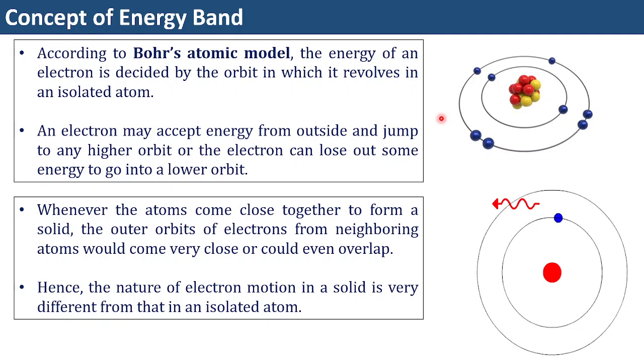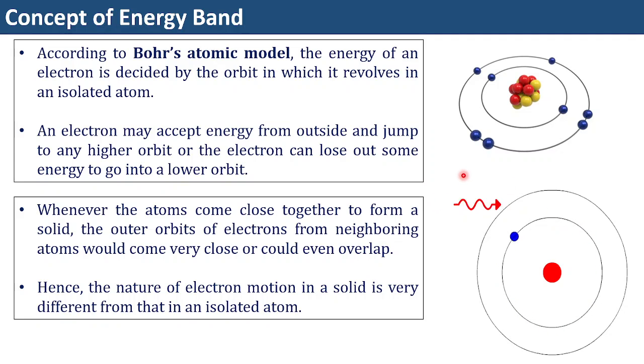And how exactly can an electron gain energy? For example, an electron was initially revolving here, then suddenly from somewhere it gets energy, and once it gets energy it goes to the higher orbit. Definitely the electrons in the higher orbit have higher energy. Electrons orbiting in the lower orbit, lower in the sense close to the nucleus, have lower energy. So an electron absorbs energy from an external source and goes to the upper orbit. In the upper orbit it releases the energy and again comes to the lower orbit.